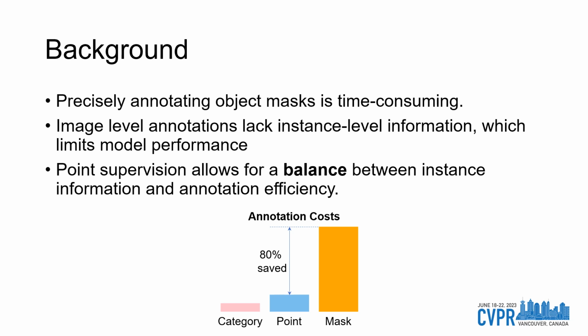Nonetheless, they sacrifice the instance-level information, thus impeding further enhancements in model performance. Point annotation, which involves annotating each object with points and categories, offers a promising solution by effectively balancing instance-level information and annotation efficiency, thereby holding great potential for various applications.